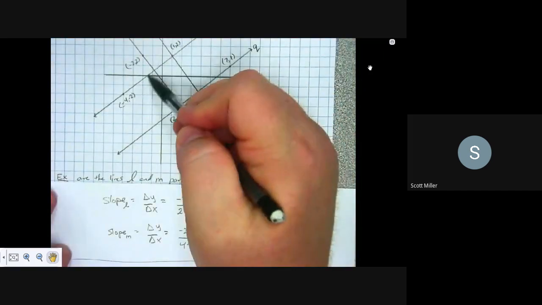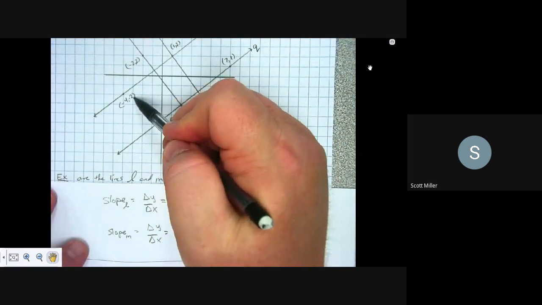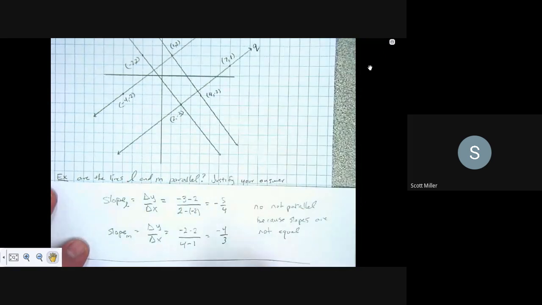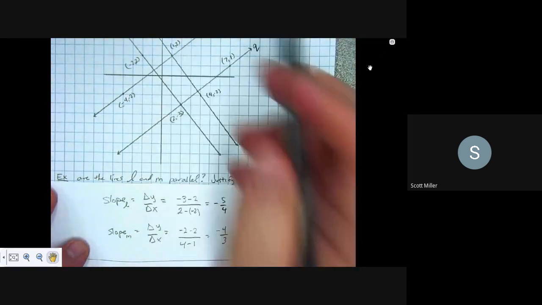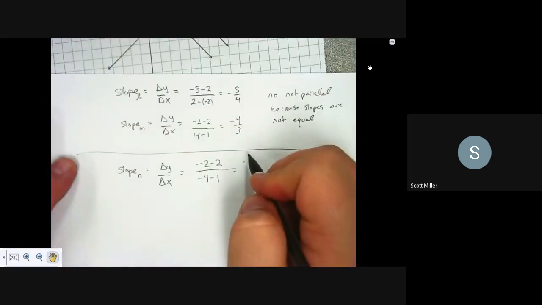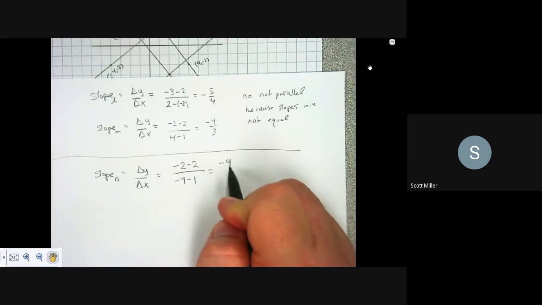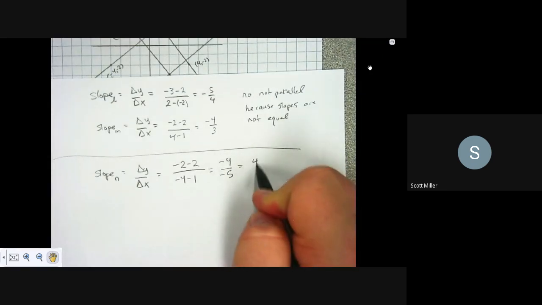I have these 2 points on the line. So I can start here, -2 minus 2. -4 minus 1. Oops, sorry, you can't see what I'm doing. That's -4 over -5, which is a positive 4/5.